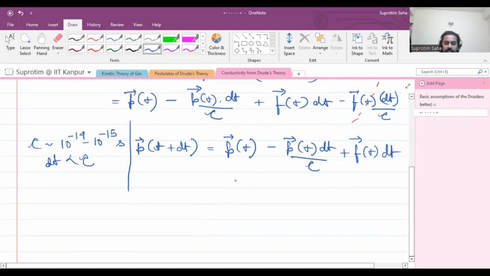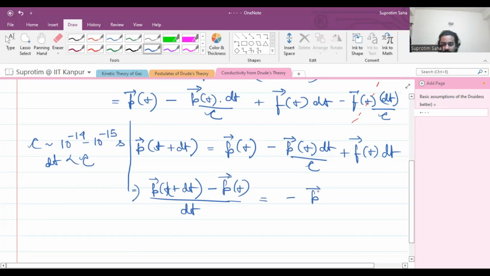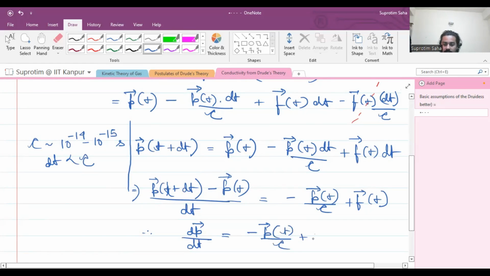Now you can bring this P term to the left side and divide by dt to get the derivative in time: P of t plus dt minus P of t over dt equals minus P by tau plus F. Therefore, dP/dt is equal to minus P by tau plus F of t.